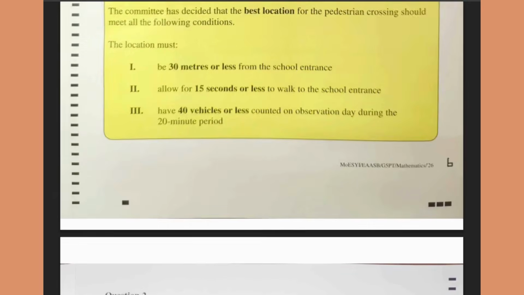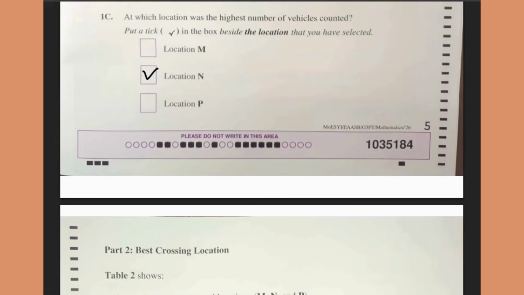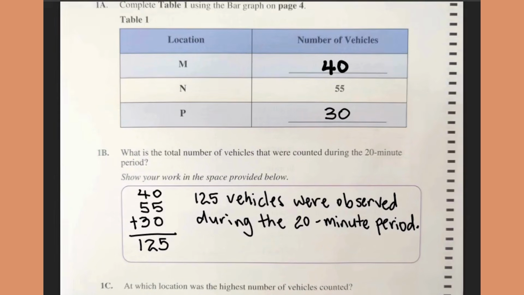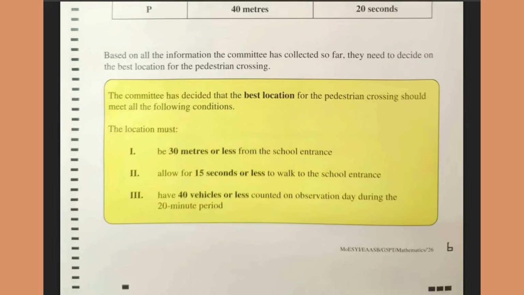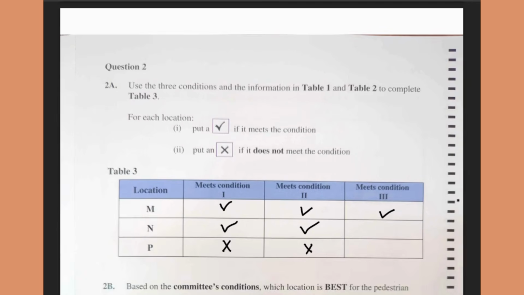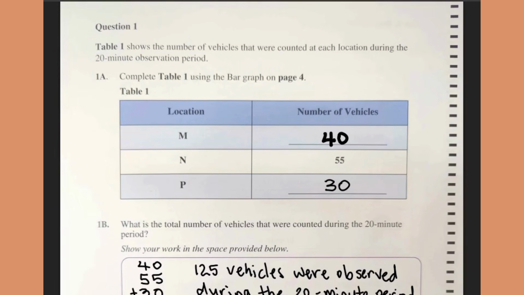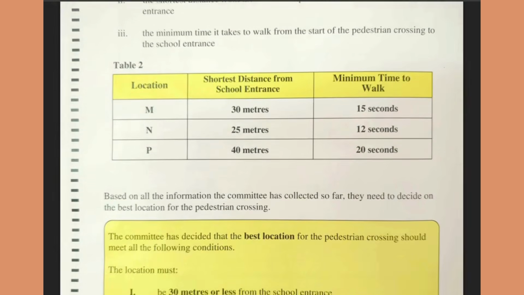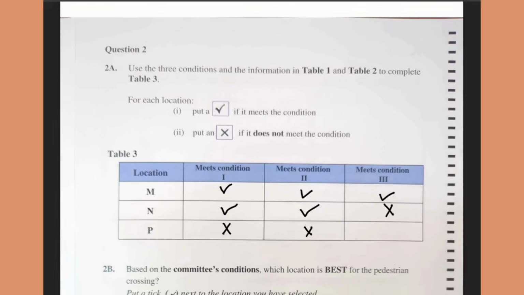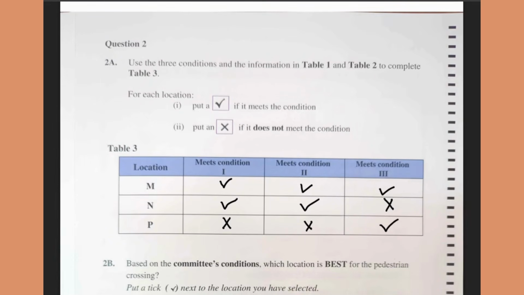Location N. 55 is greater than 40, so it does not meet that condition. And location P, 30, which is less than 40, so yes, it does meet that condition. Okay, so we are finished with that section.